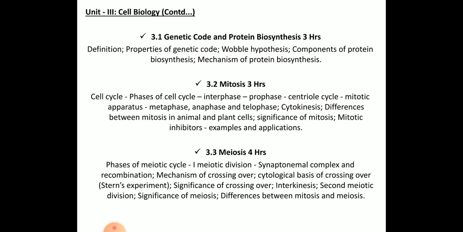Along with that we will be studying the significance and the difference between mitosis and meiosis. So this is the third unit, which mainly comprises cell division and protein biosynthesis. This is also a very important unit where maximum questions can be asked.